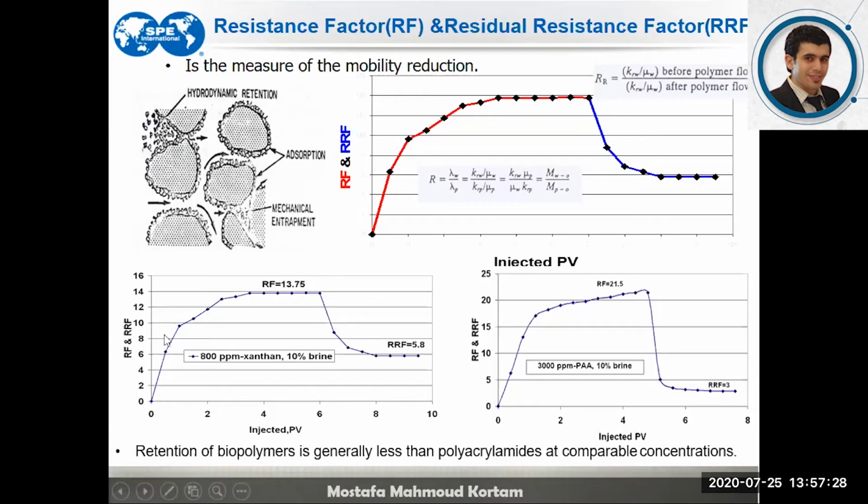But it was conducted at two different temperatures. So from here, you would find that the residual resistance factor is completely different between different types of polymer. Also, the temperature plays a great role on the residual resistance factor. So conducting the experiment at a temperature of 120 degrees Fahrenheit differs completely from conducting it at 180 degrees Fahrenheit.